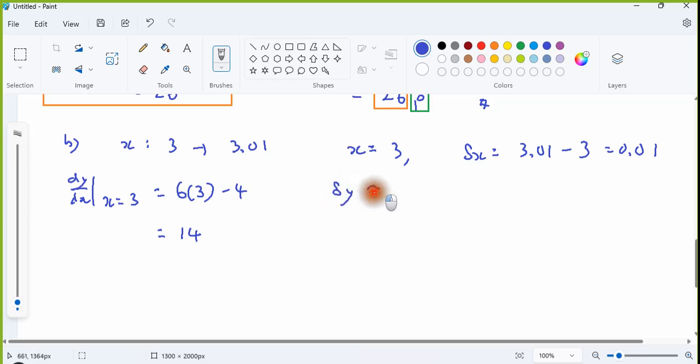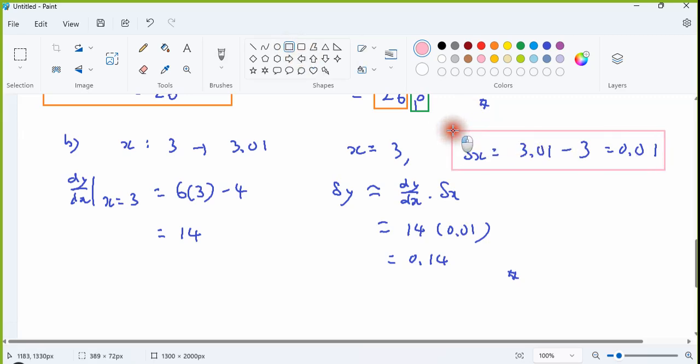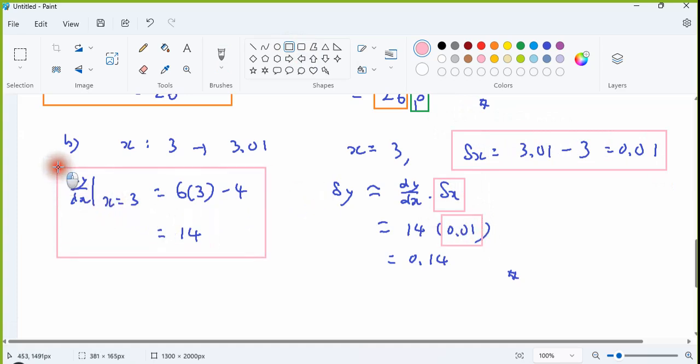So del y is approximately dy/dx multiplied by del x. So this is 14 times 0.01, which is 0.14. Okay, so this will be the answer. Over here, del x is 0.01 and dy/dx is 14.